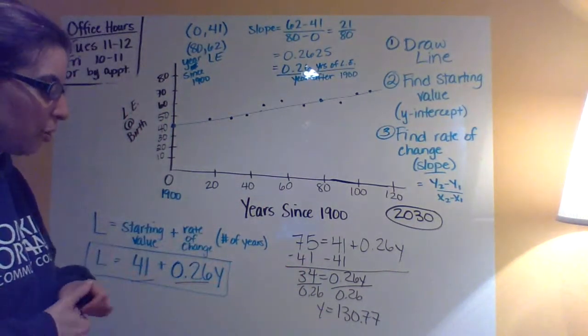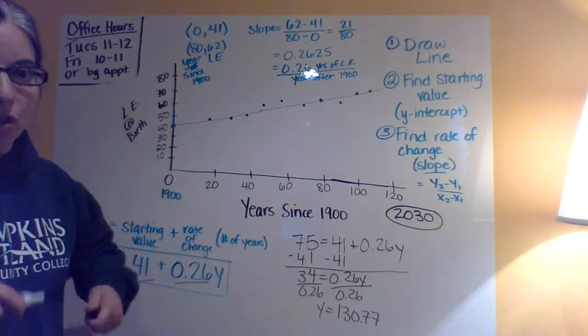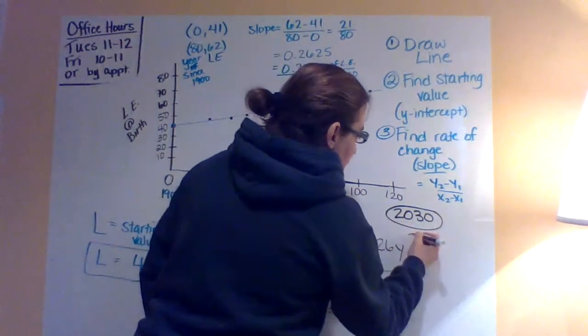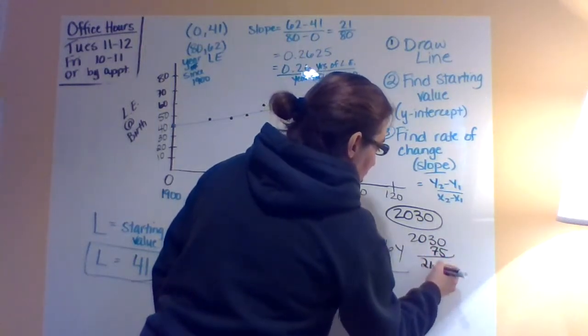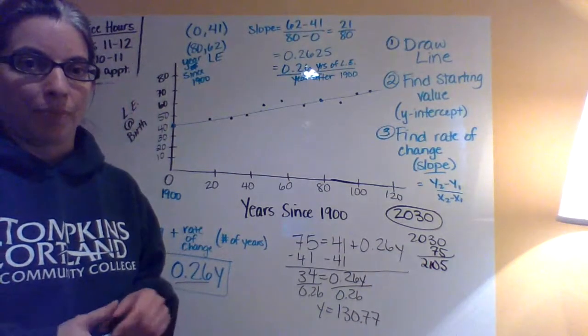And then the final question asks, in what year will these babies be eligible to begin drawing Social Security? When would they be 75? Well, if they're born here, then we add 75 to it. That's the year they'd be eligible for Social Security.